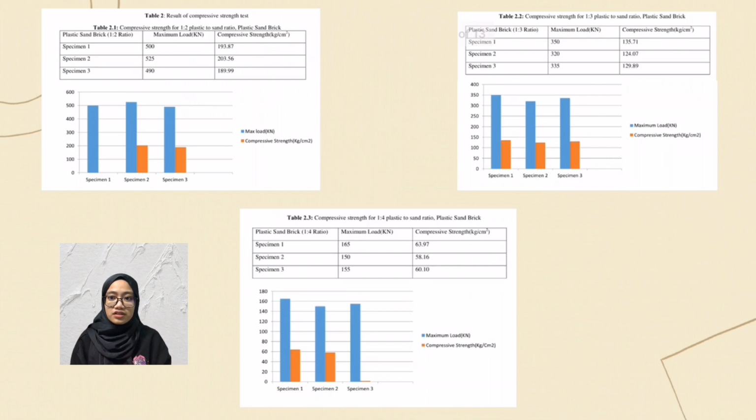For table 2.3, compressive strength for the 1:4 plastic to sand ratio, the plastic sand bricks can hold the lowest maximum load and compressive strength compared to the other two tests. It is because the 1:4 plastic to sand ratio has more sand in the plastic sand bricks.